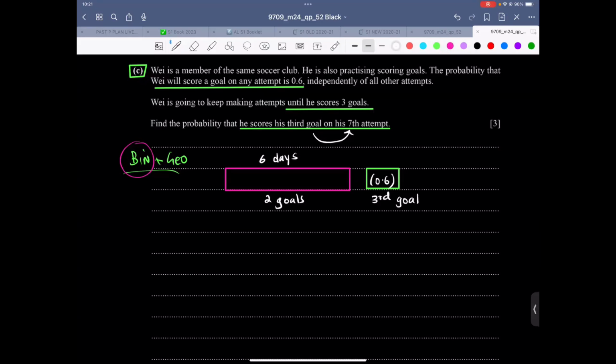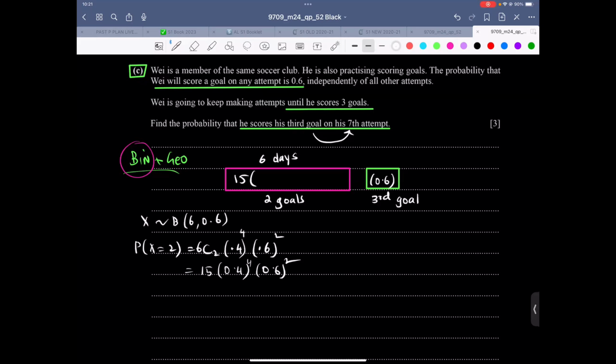So we will write X follows a binomial distribution, 6, 0.6. Probability X is equal to 2, that is 6C2, success raised to power of 2 and failure raised to power of 4. So this goes over here. 6C2 is basically 15. This is 0.4 raised to power of 4, 0.6 raised to power of 2.